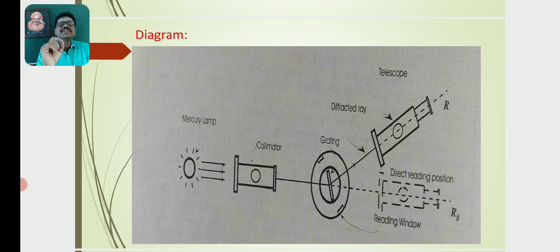The white light, polychromatic light from the mercury lamp, is made to be incident on the collimator. Then the narrow beam of light from the collimator is made incident on the plane diffraction grating, where the incident light gets diffracted.